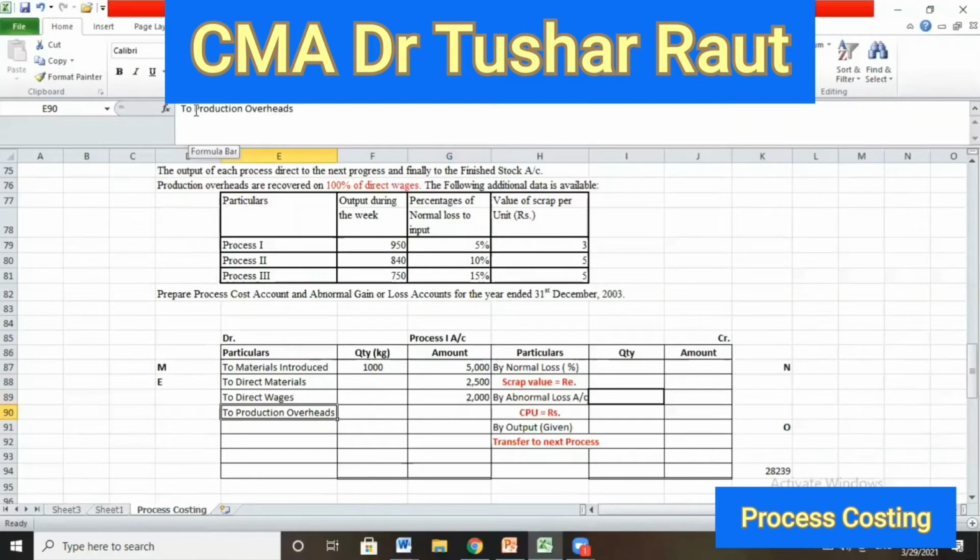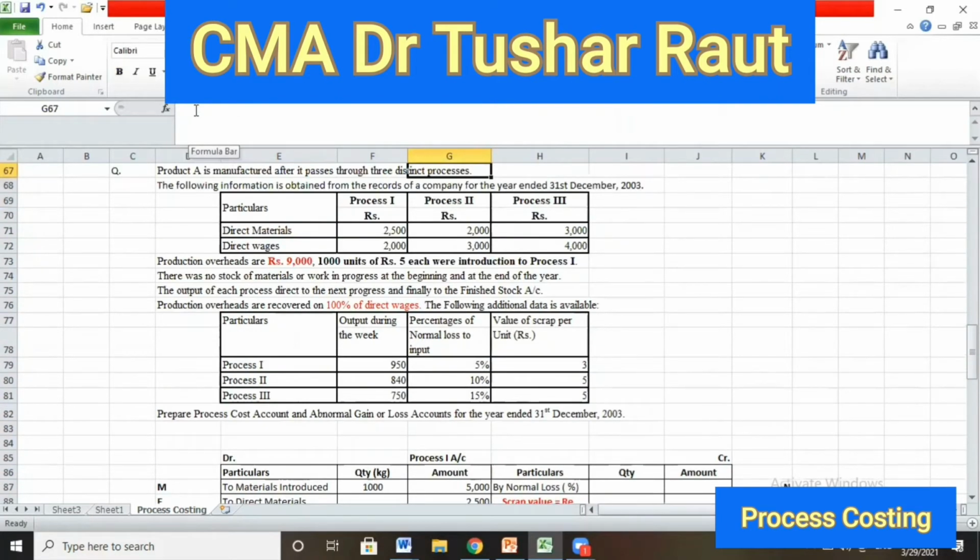In case of production overhead, they mention it is recovered as 100% of direct wages. So the same amount we need to copy, what they are expecting. What was direct wages? 2000. So we will write 2000 only. So this is how we are transferring expenses only.